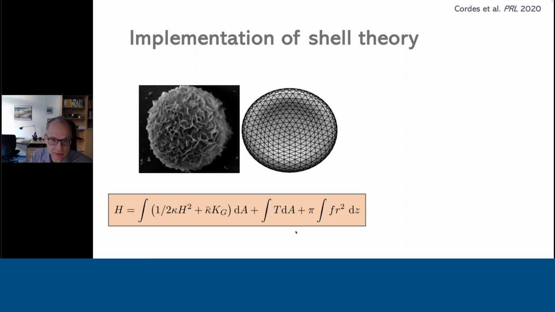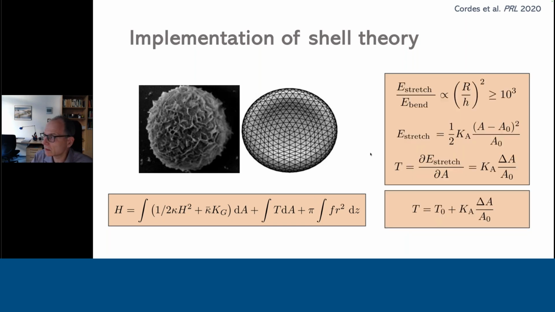To keep it as simple as possible, since we want to actually fit the data and not come up with one model where we could use finite elements or something like this, we have looked at the dominant term of this Hamiltonian. If you look at the energy, which is concerned with stretching to bending, it relates the radius of the cell to the thickness of the shell.